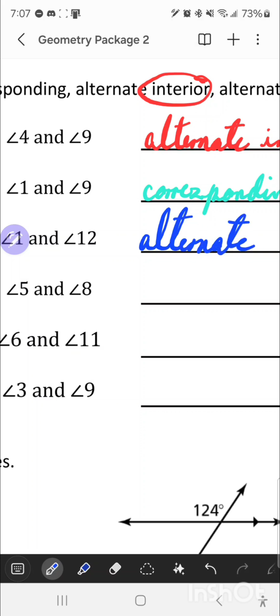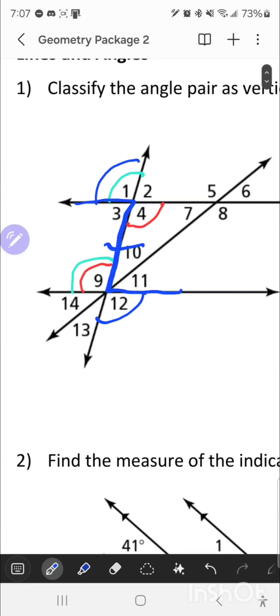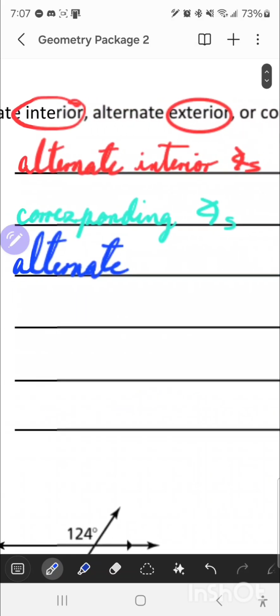But they want us to specify if they are interior or exterior. So I say, okay, they're outside of the Z. So if they're outside of the Z, they are exterior because exterior means outside. So exterior angles.